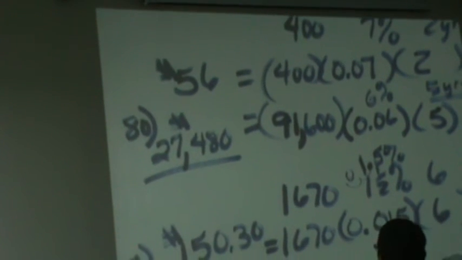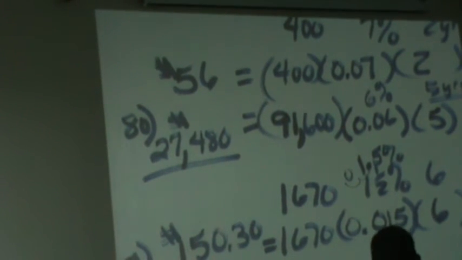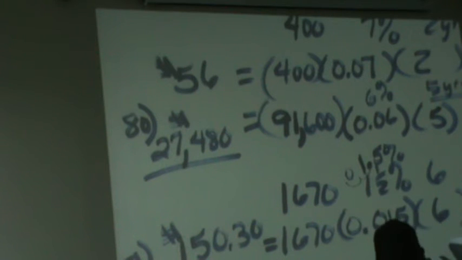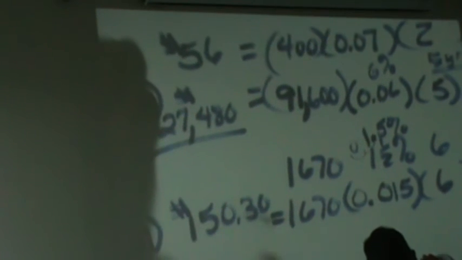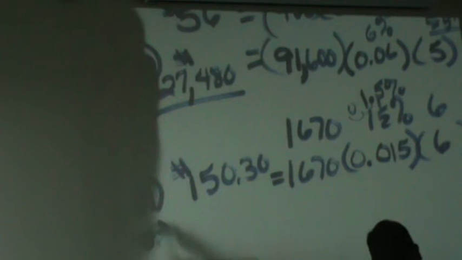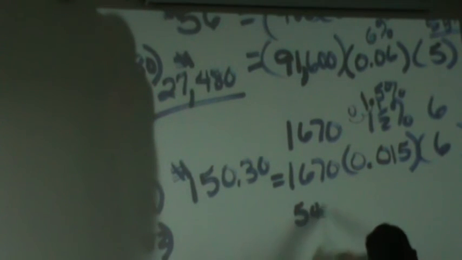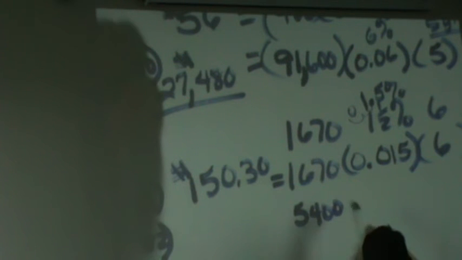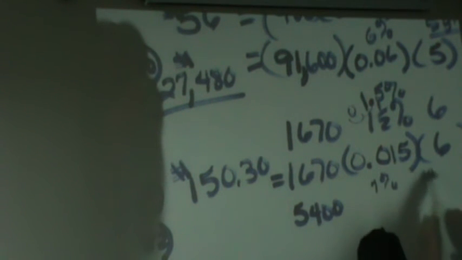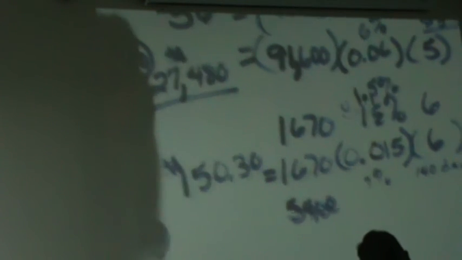Okay, 82, it still says simple interest, round to the cent if necessary. So it's just a word problem, same stuff. 82 says Annie's Cafe borrows $5,400. There's your principal at 7% for 140 days.